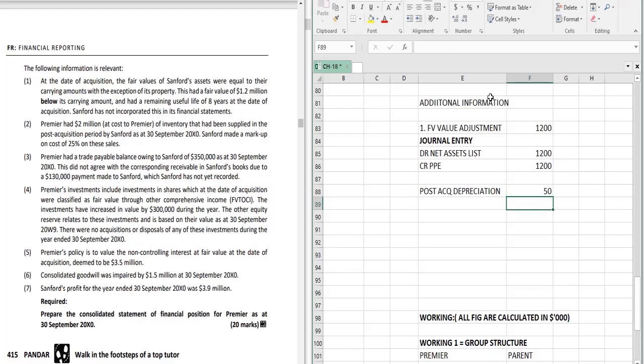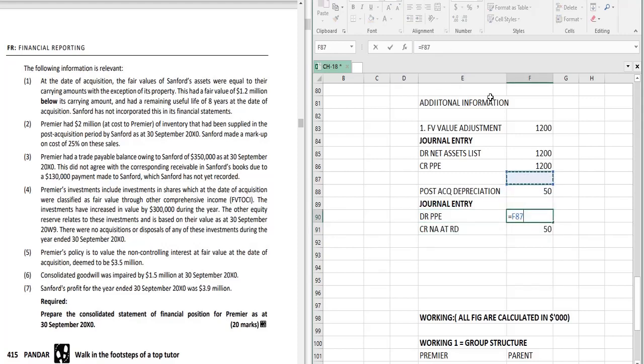This will be added both in the net asset calculation of the subsidiary as well as in the consolidated financial position. The journal entry of the same will be debit PPE and credit net asset at reporting date.